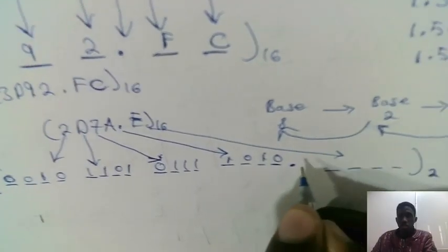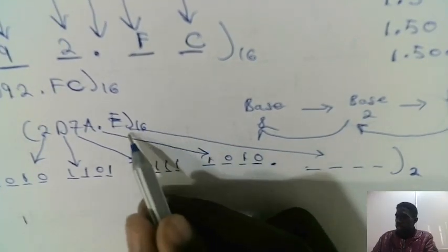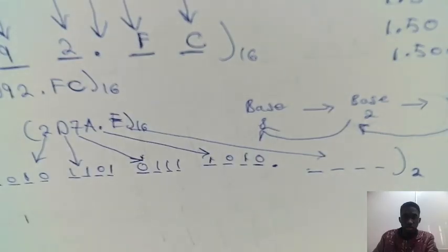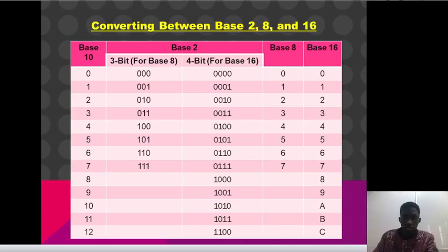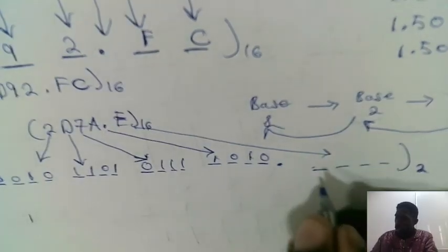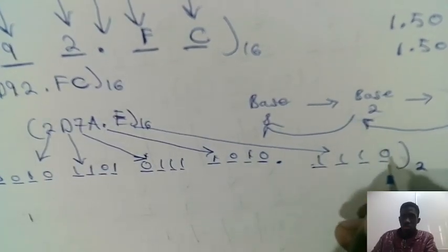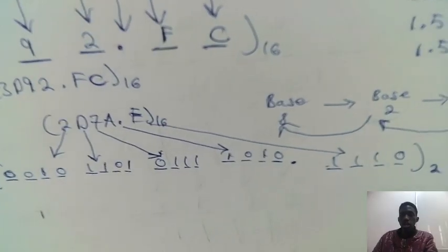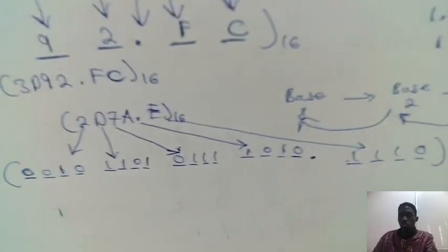And finally E in base 16 is 1110. Now we have the number in base 2.